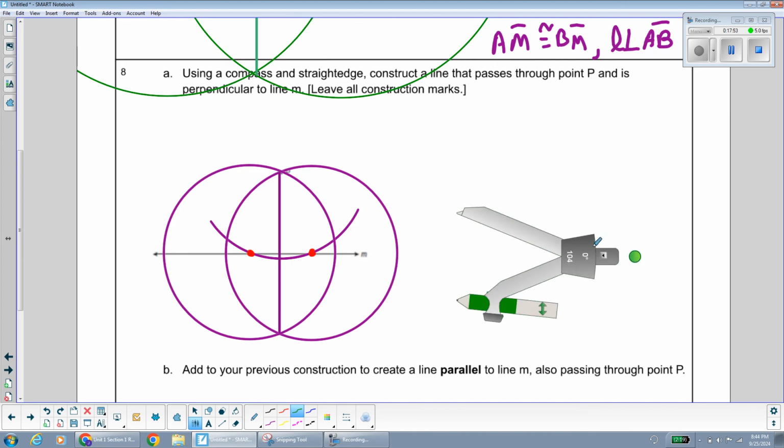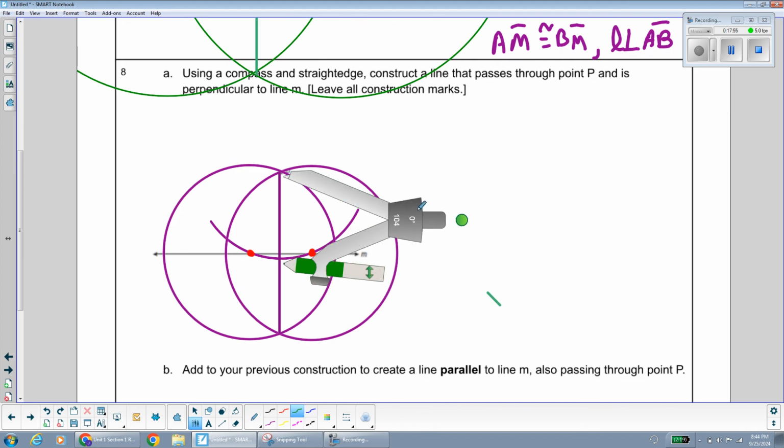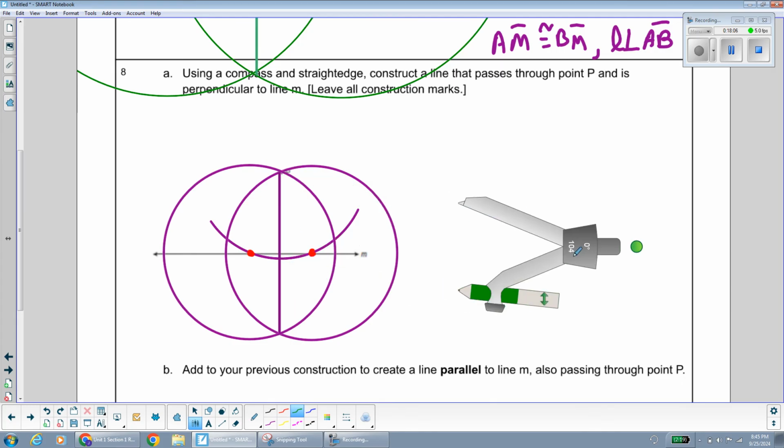I'm going to go back on point P, and it might be helpful if you turn your paper sideways. And I'm going to just repeat the steps. I'm going to make another perpendicular. And let me talk about the justification for this before I actually do it, why we're making another perpendicular. We did speak about it in class. So this is what we have already. We created a perpendicular line to a line that we already had.